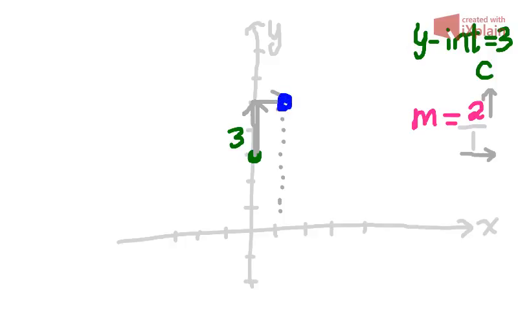So the gradient doesn't appear in the graph, because here the coordinate is 1, 5. So that blue point has coordinates x 1 and y 5. Always x followed by y. The green point has coordinates: the x is 0 and the y is 3. But the 2 doesn't appear in those points.